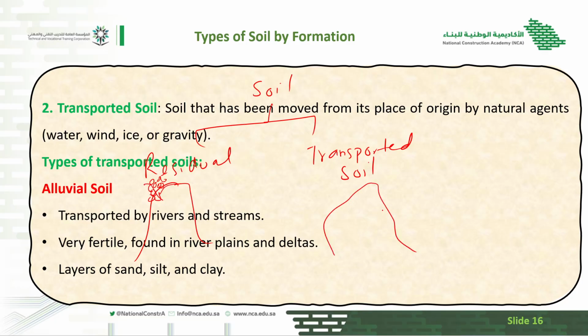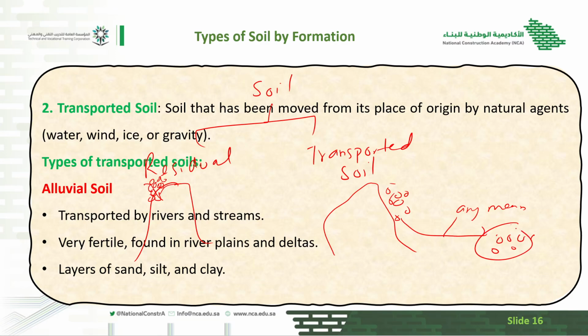Now, if there is a rock and disintegration happens, the rock breaks down into small particles and is transported from here to there by any means, by any natural agent, due to air, wind, or glacier, anything.